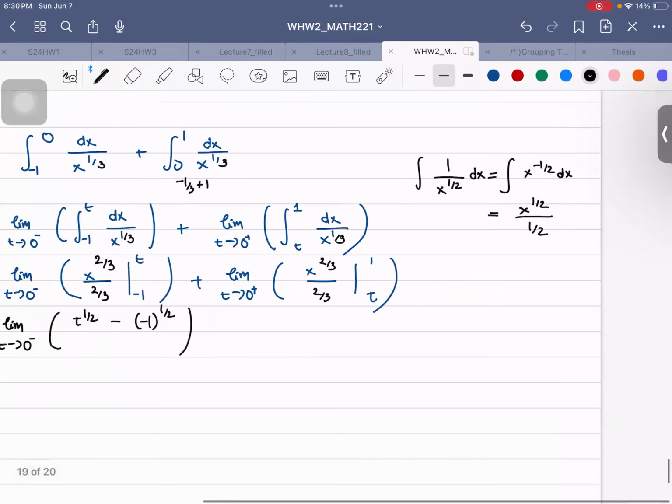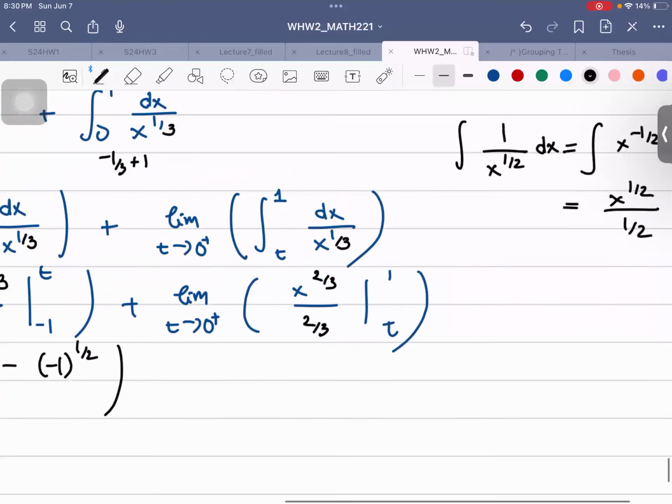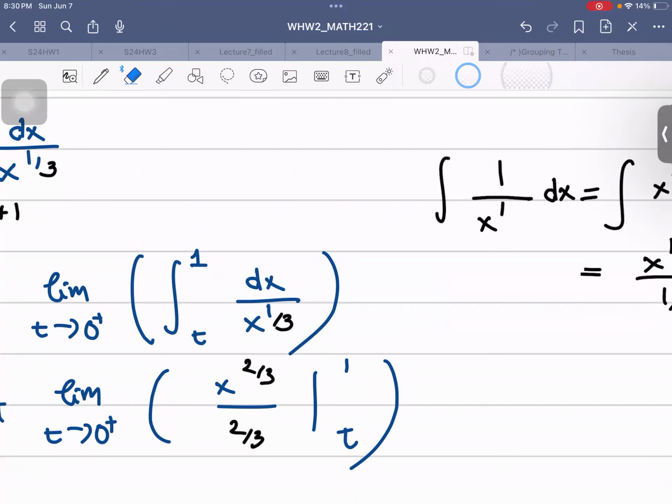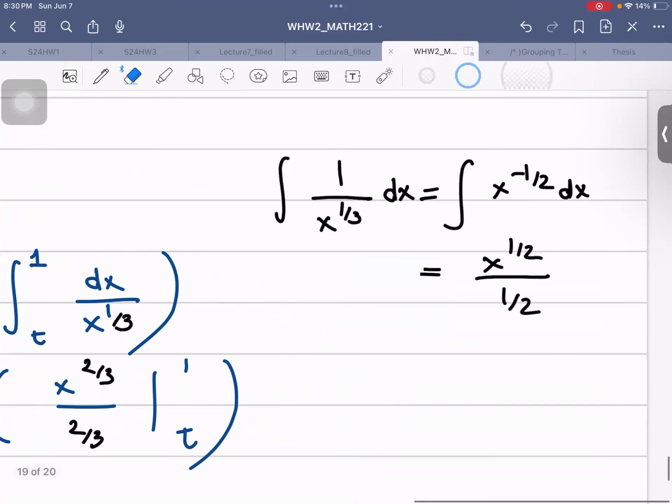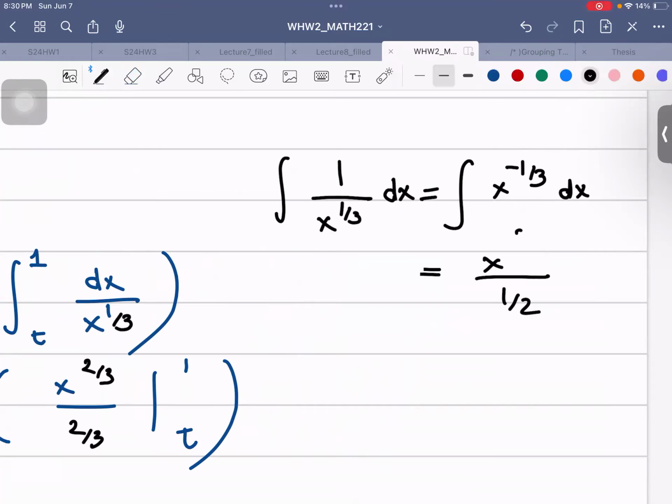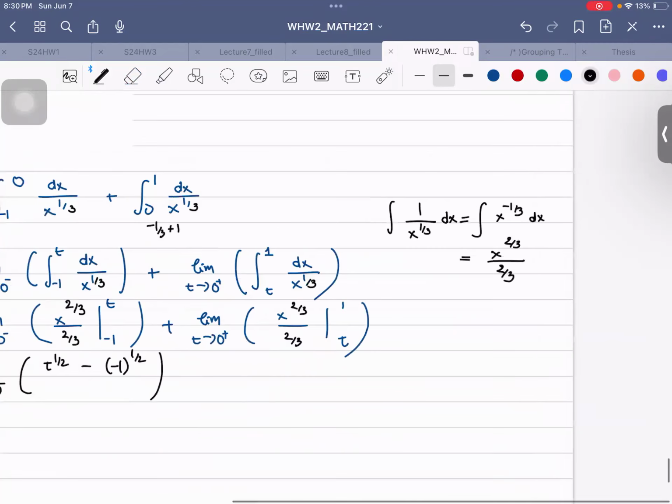So let me justify my explanation again. You have 1 over x to the 1 third, so you have negative 1 third over here. You add 1, you have 2 thirds divided by 2 thirds.